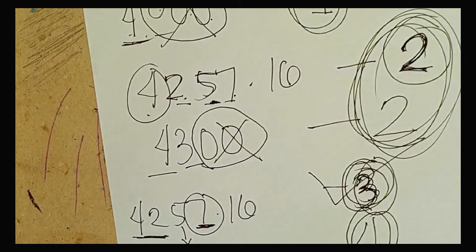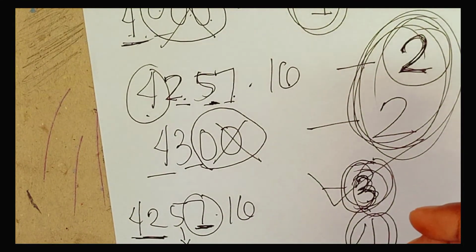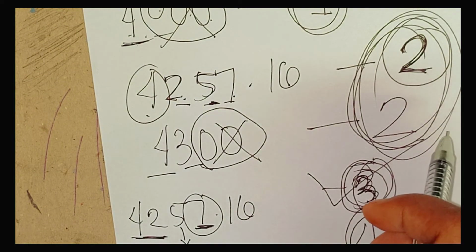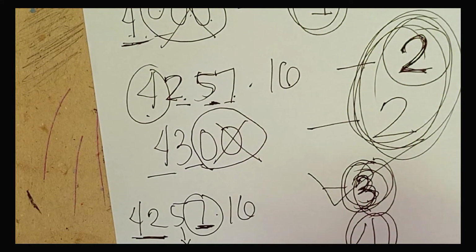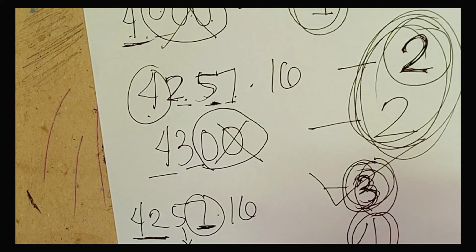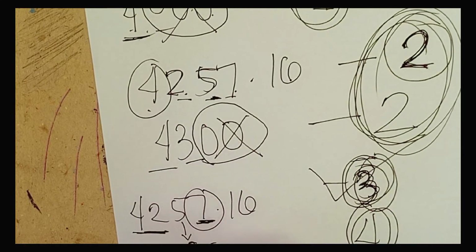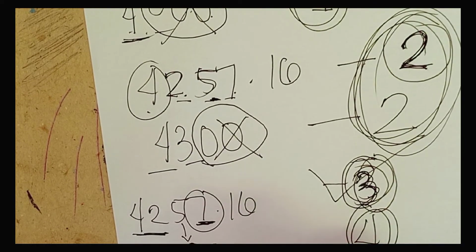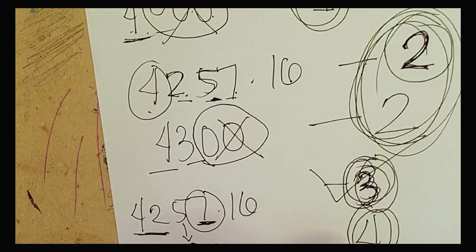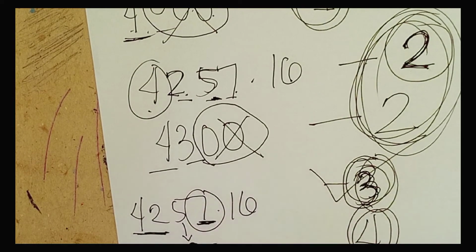Now for the next one, 4 sig figs. The first three digits of 4257 are 4, 2, 5.